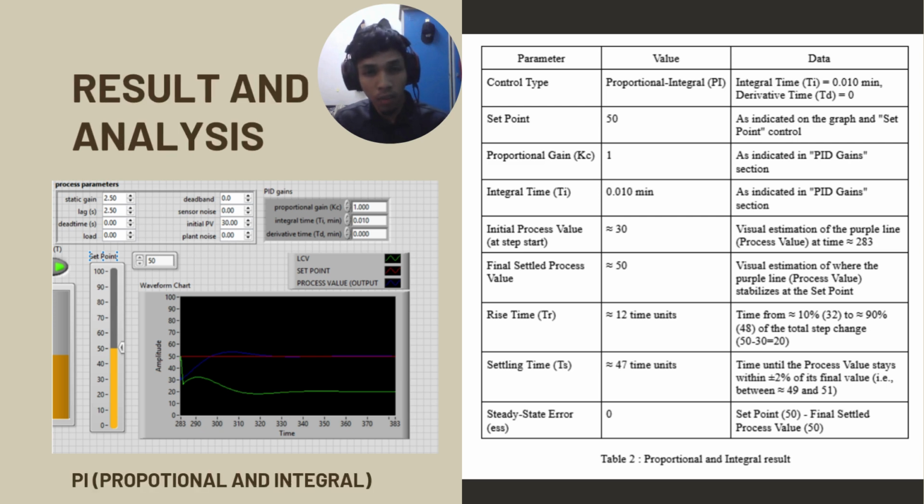Okay, let's move on to the next result analysis, which is PI. We call it proportional and integral. The control type is PI with the set point 50, and the proportional gain is 1 with the integral time set at 0.01 minutes, or basically 6 seconds.